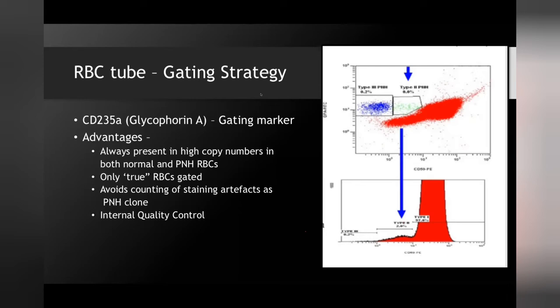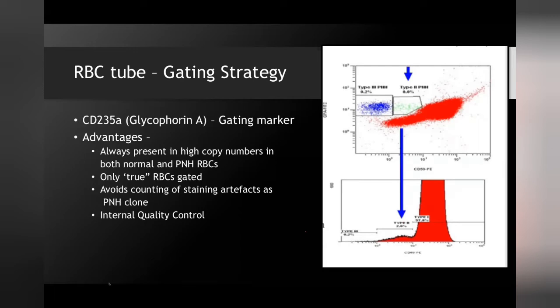If this is correlated with the histogram from the same sample, you can see this brighter population, the CD59 bright population, here also. So obviously this is the normal population, the PNH1 clone, which does not lack the GPI anchor, right? And here is the third clone, which can be seen in this histogram.